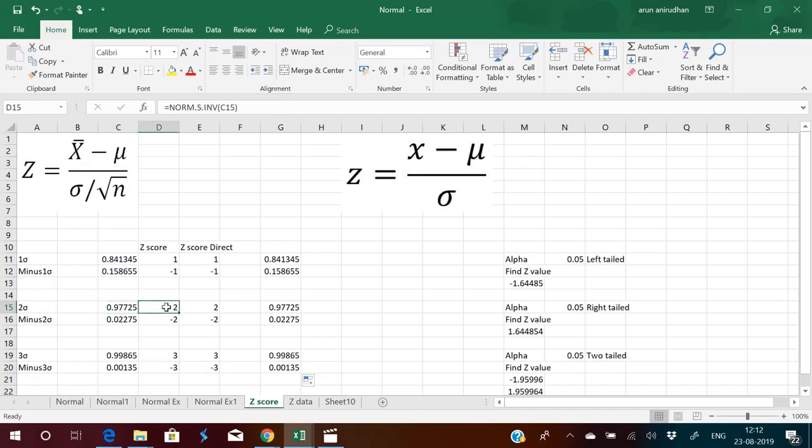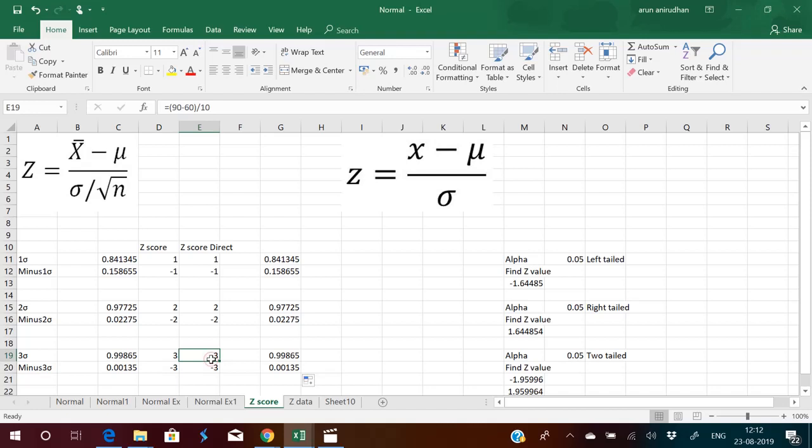Using that value, you can find the z value with both methods, and corresponding to that z value you will get the p value. Same way for 3 sigma: at 3 sigma your mark will be 90, and for minus 3 sigma your mark will be 30, to the left. So your z-scores are 3 and minus 3.